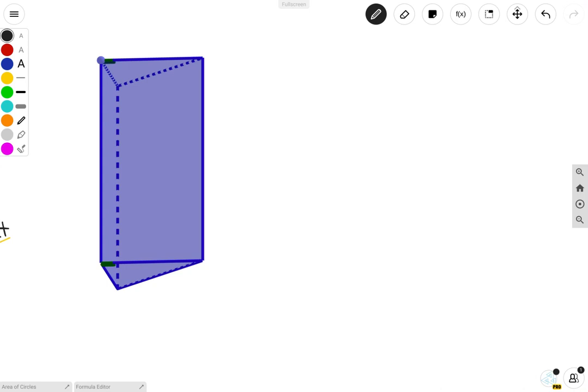All right, let's look at this triangular prism. So this, we've got a right angle on this triangle. So let's say it's a 3 by 4 by 5 right triangle. And let's just set that height to 6 again. And let's say all of these are in inches. All right, so volume of a prism is the area of the base times height.